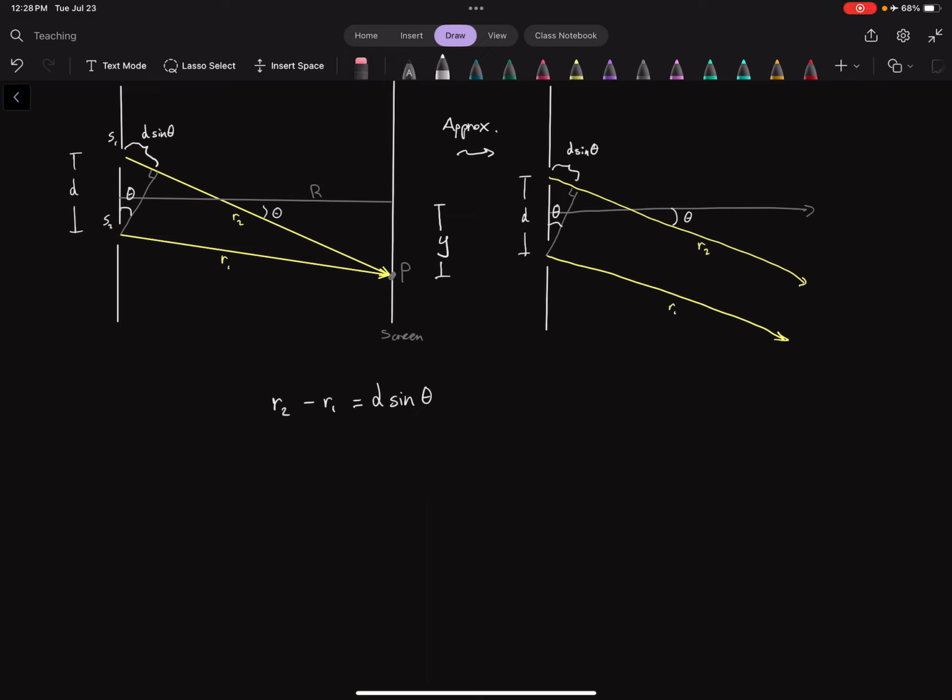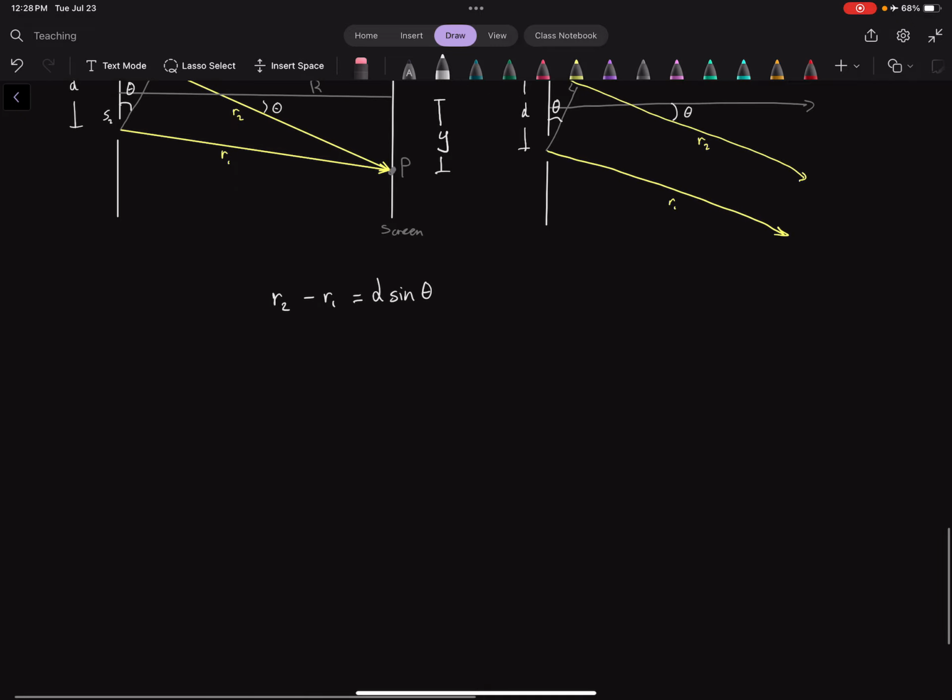And we know that constructive interference occurs at integer multiples of the wavelength of light. So we can fill this in with d sine theta equals m wavelength, for m equal to all those integer multiples, plus or minus 3, you get it.